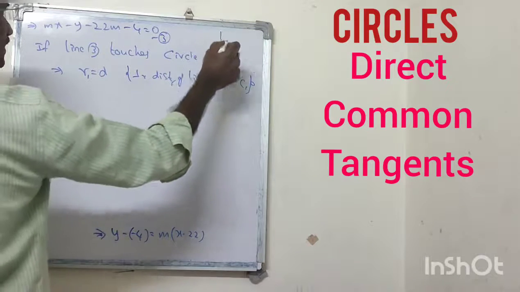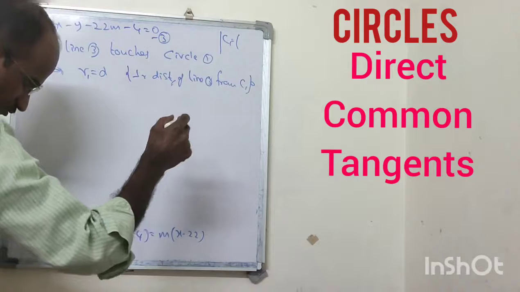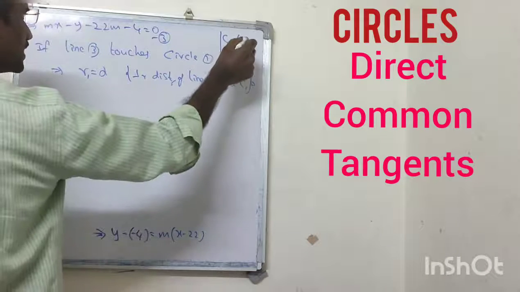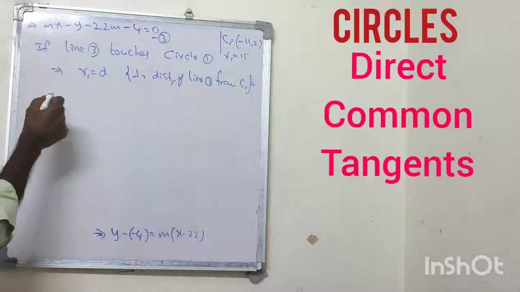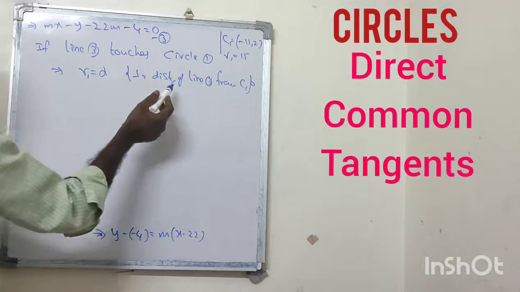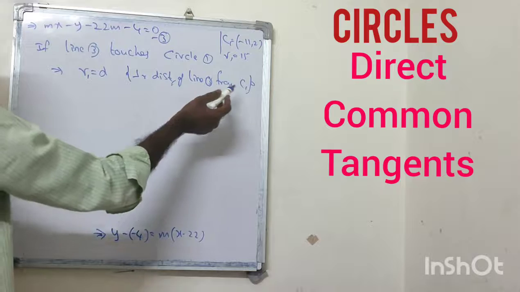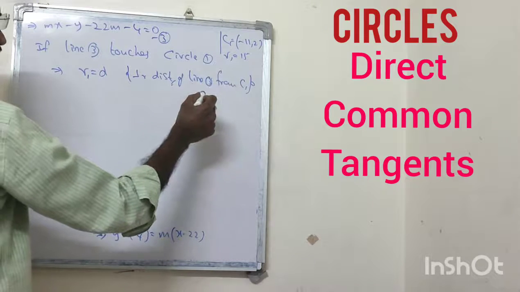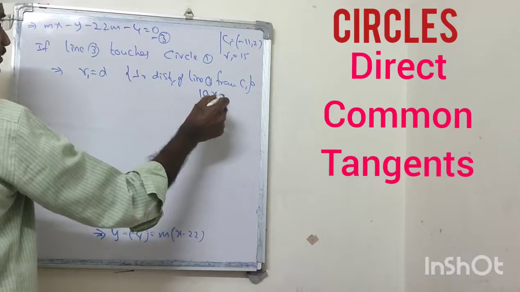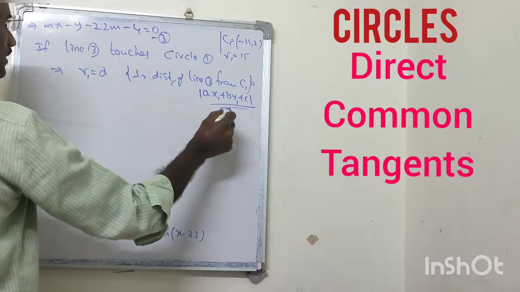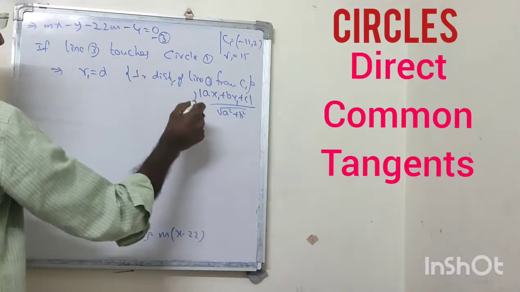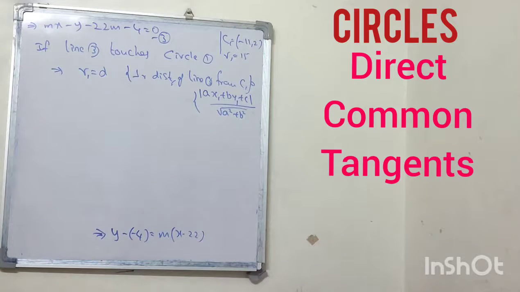So what is C1? We are having C1 as minus 11 comma 2 and R1 as 15. So apply here. The perpendicular distance of a line from C1 means it's from a point. We will use the straight line formula, mod AX1 plus BY1 plus C by root of A square plus B square. This formula is applied to find the perpendicular distance.